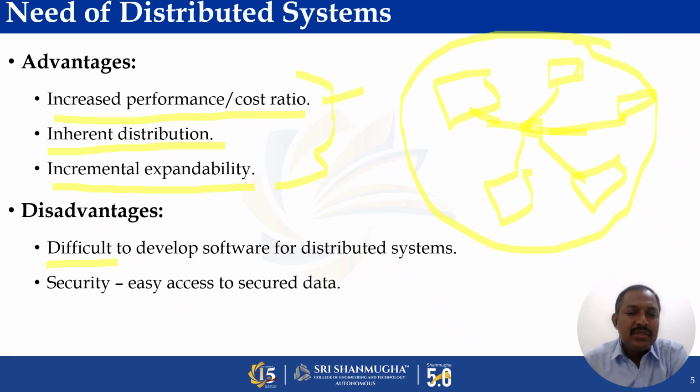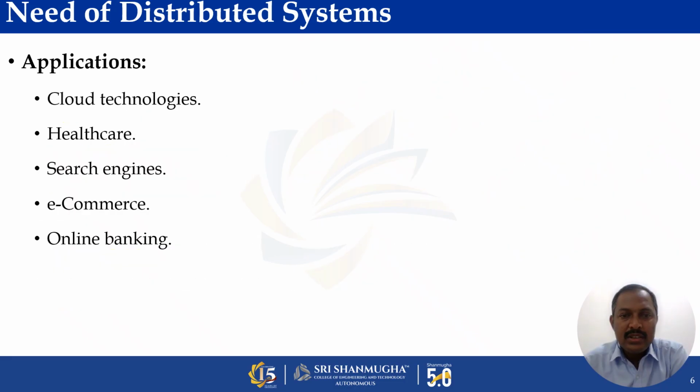The next, security, is another disadvantage. There is easy access to secure data, and the security in a distributed system is going to be very low. So these two are the disadvantages of distributed systems.